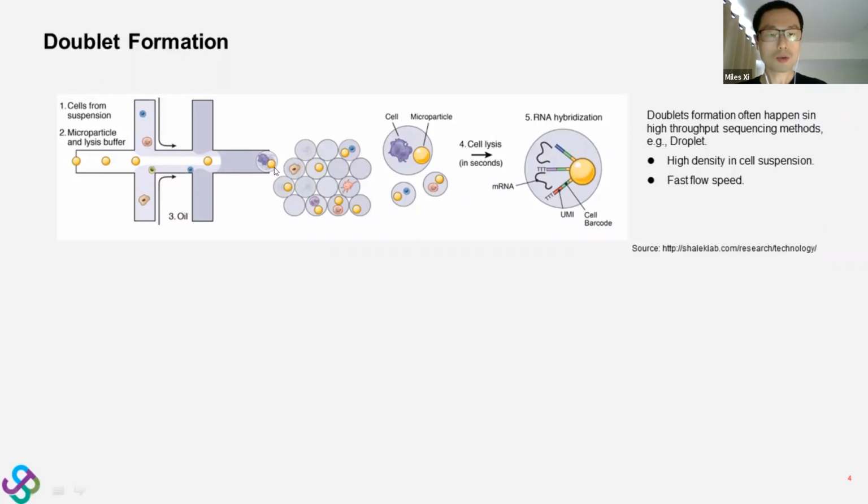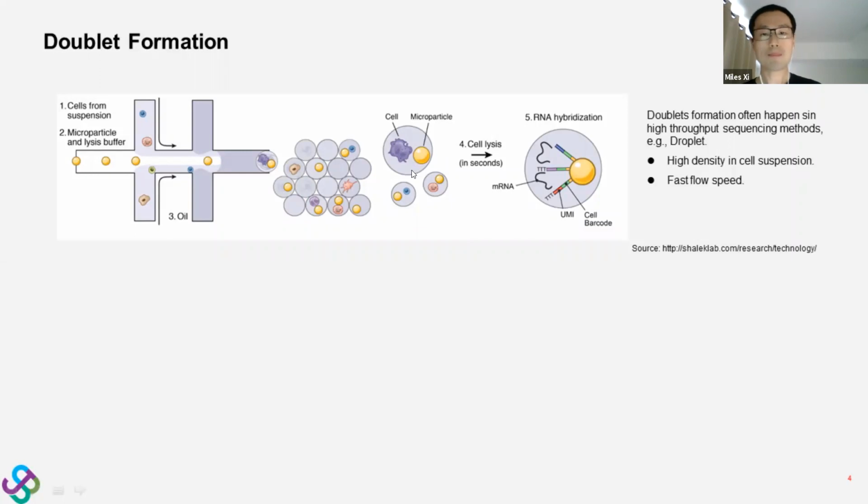So they will go through this pipeline, and at the end of the day, within each volume, you have 1 cell plus something else, which we call a microparticle. So those yellow balls give you the labels to label all those cells, right?